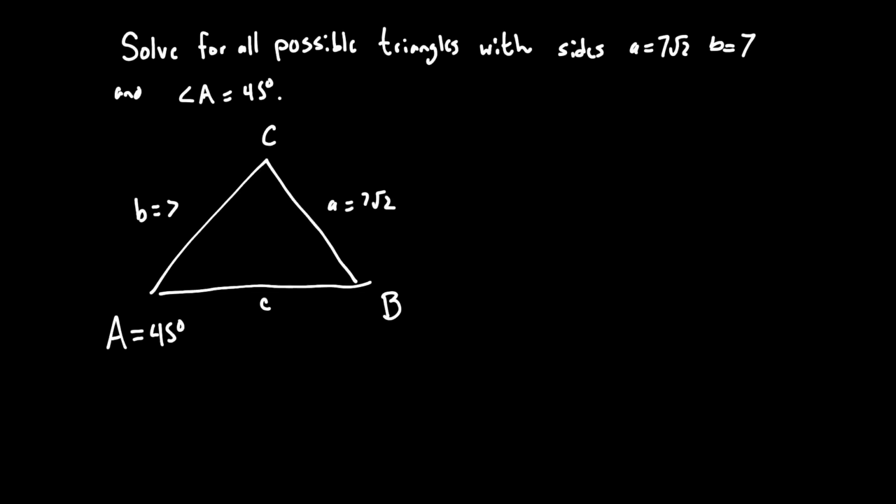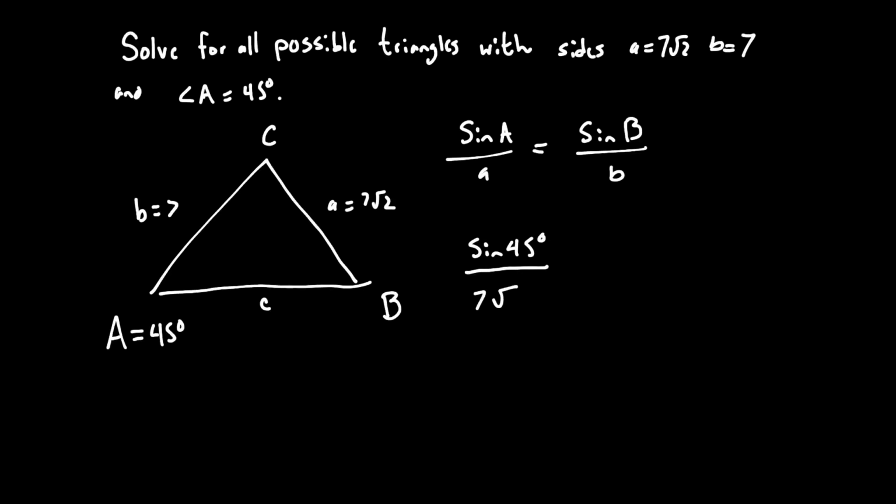Since we know side b, we can use the ratio of sine A divided by a to find our angle B. Plugging in what we know, we get sine of 45 degrees divided by 7 square roots of 2 is equal to sine B divided by 7.